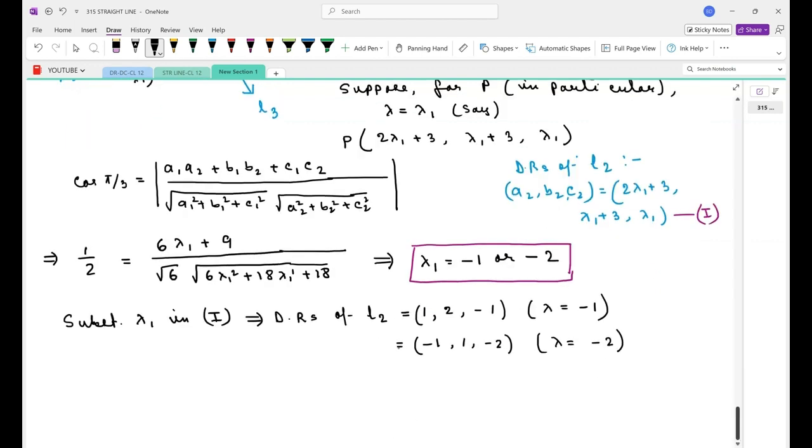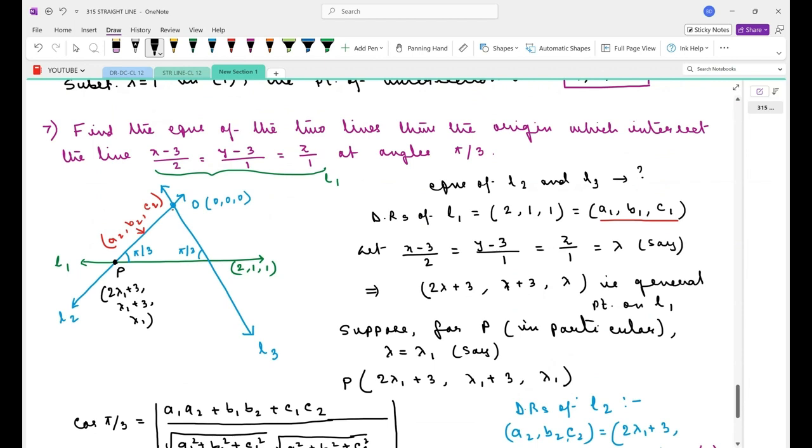So we are getting two sets of DRs. One set is for L2, the other for L3. We don't know which one is for which, because both of them make the same angles. So we will just write the answer in a general form. First let us write the equation of L2. L2 passes through the point 0, 0, 0, and the DRs are also known.